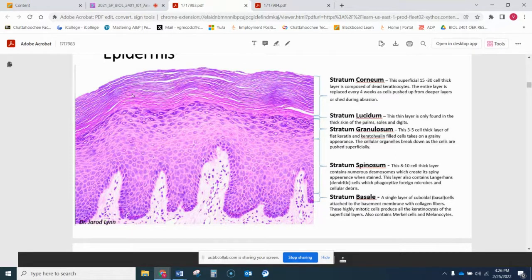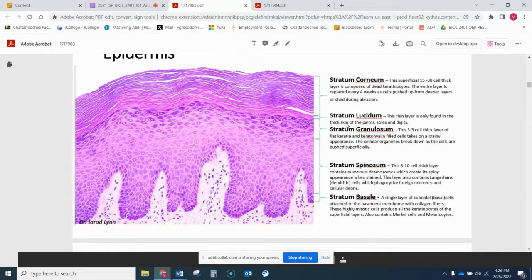Then everything superficial to that is just packed dead cells, packed keratin, right, which gives skin its tough and waterproof properties there. Now we see most of this is stratum corneum, but there's a small little clearer section right here called the stratum lucidum, but we only see that, like you can see here, in thick skin.